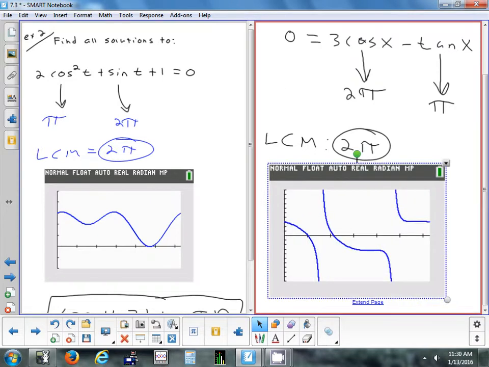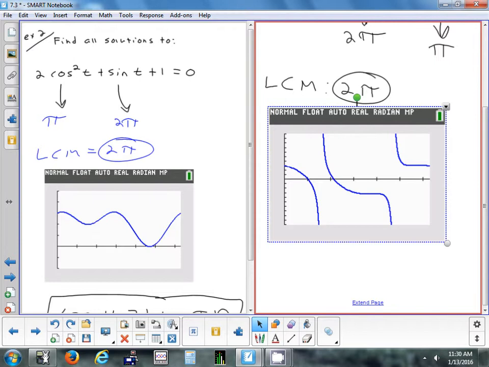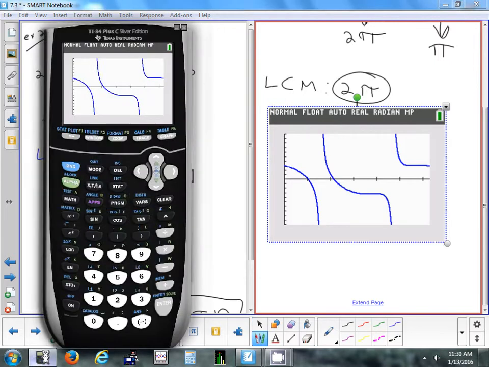And how many solutions do we have per period this time? 2. Okay, we need to find both and write them down. Okay, I'll do the second one where it's curving downward. If somebody can do the root that's closer to 0, that would be good.